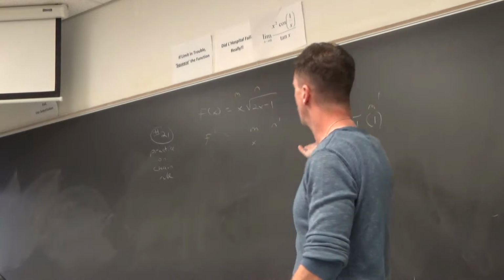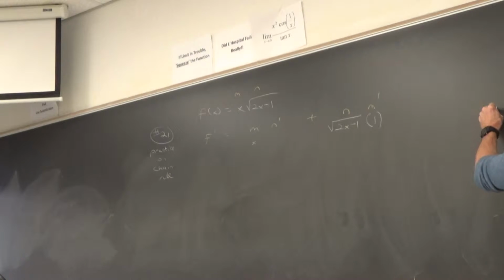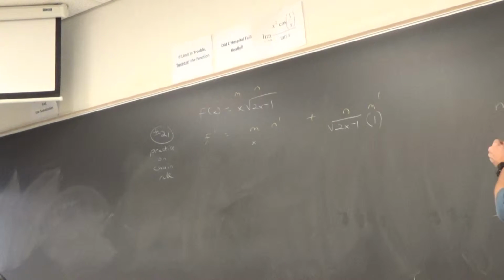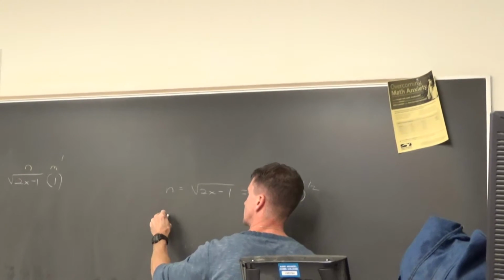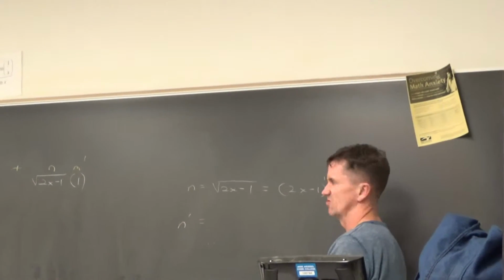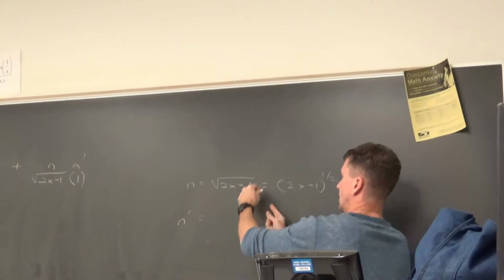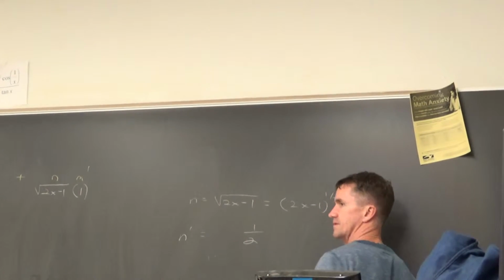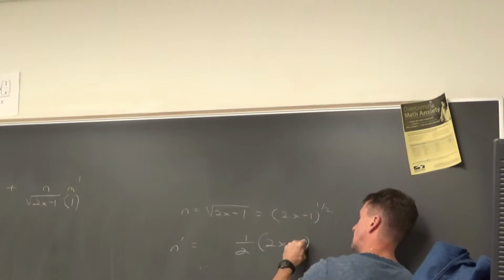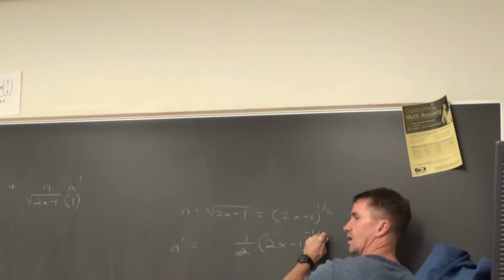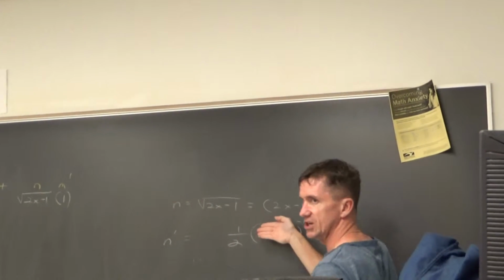And if you have to, go off to the side to say, listen, if n is equal to the square root of 2x minus 1, which is 2x minus 1 to the 1/2 power, what's that derivative? The half comes in front. This is chain rule. And then we decrease this by 1, and I substitute g back in there.